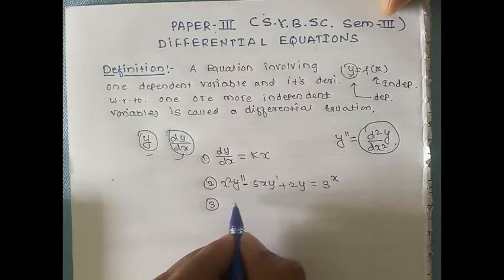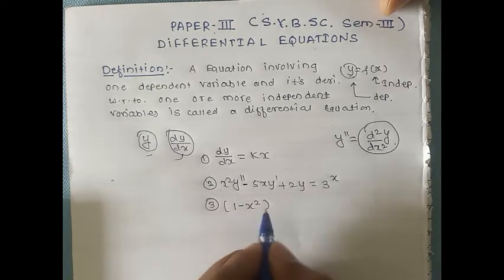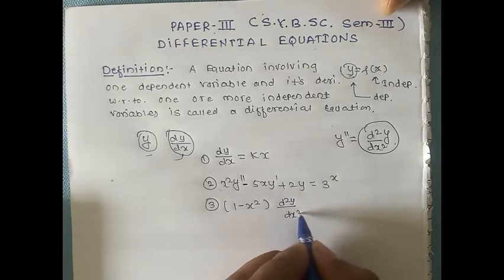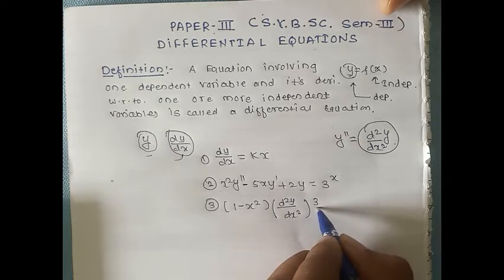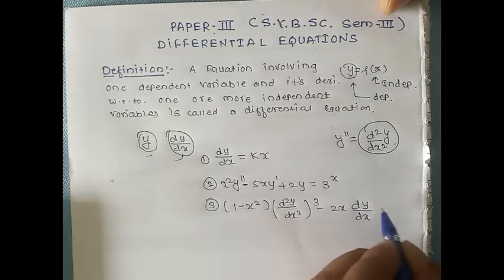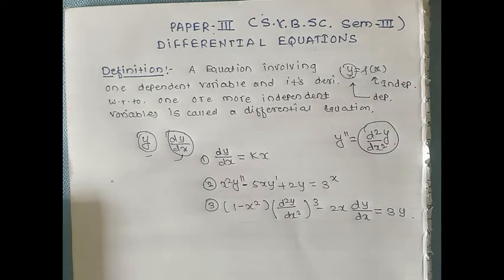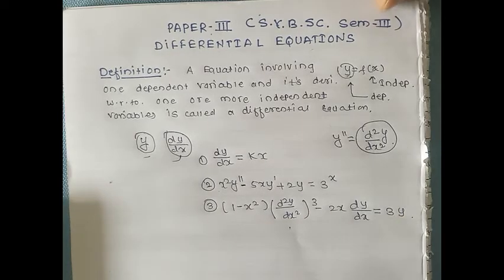Third one, 1 minus x square, bracket d2y by dx square, bracket cube, minus 2x dy by dx is equal to 3y. This is again another example of a differential equation. So these are some examples of a differential equation.